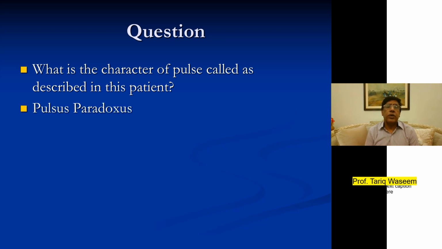Now this is what we call pulsus paradoxus. Pulsus paradoxus is nothing but an exaggeration of a normal phenomenon. In normal inspiration, with the negative intrathoracic pressure, there is an increase in venous return, and this increased venous return is then responsible for a decrease in the pulse volume, right?